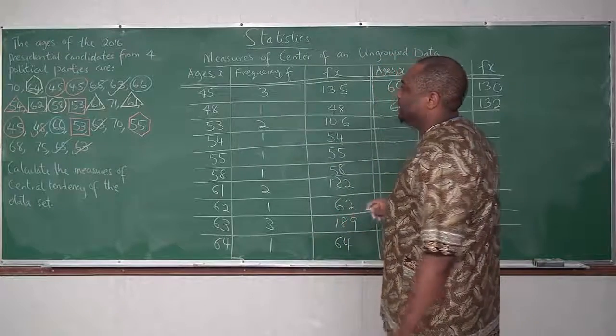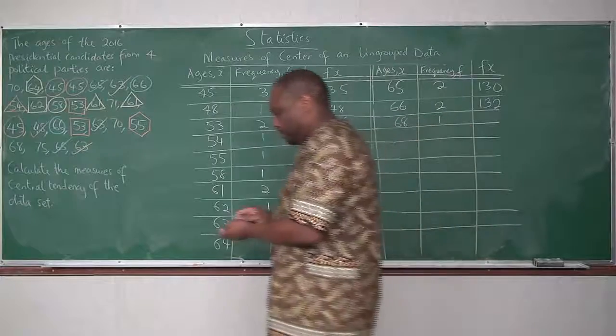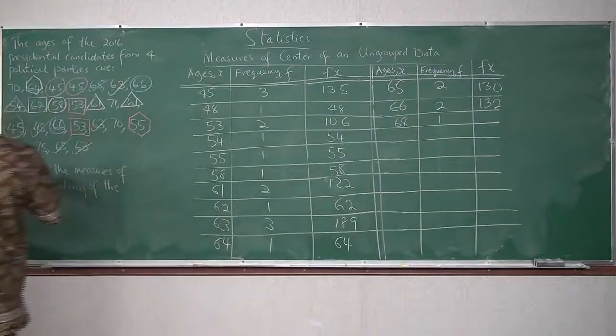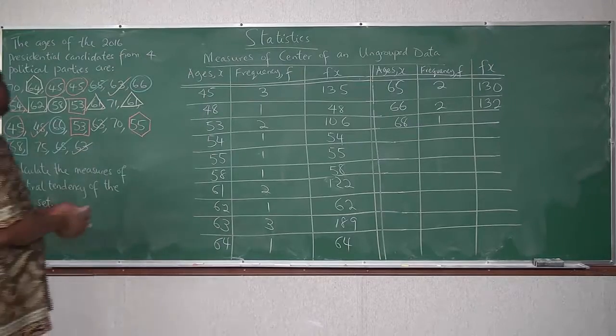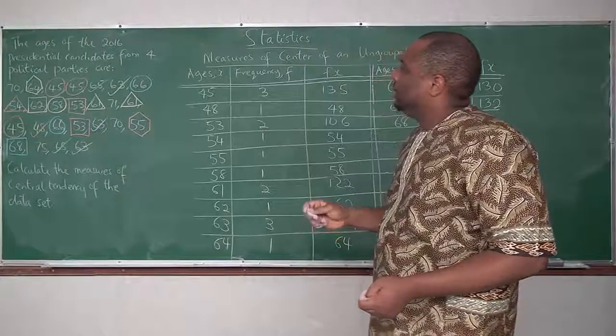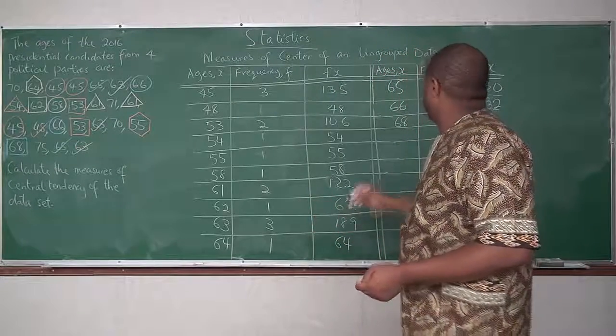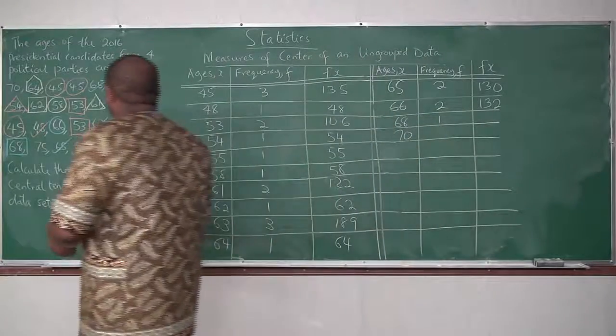Okay, so 68 is the next one. 68 is 1. I will use a blue square for 68. And then the next one is 70. Okay, 70, I will use a blue circle.